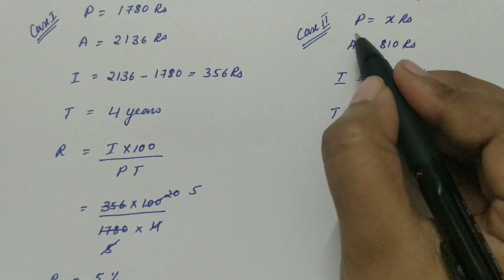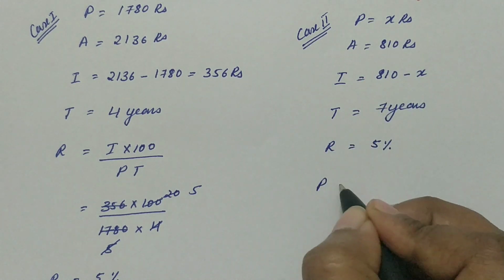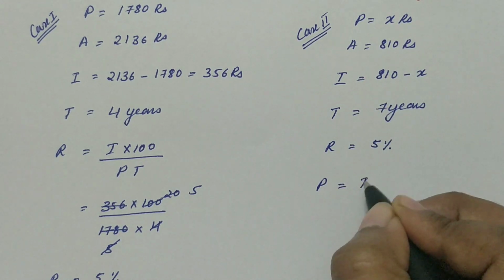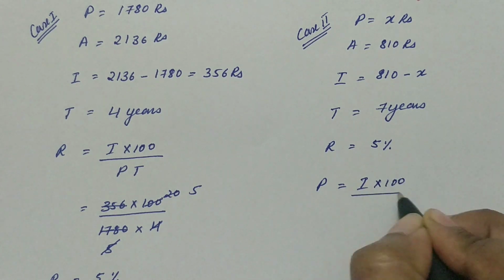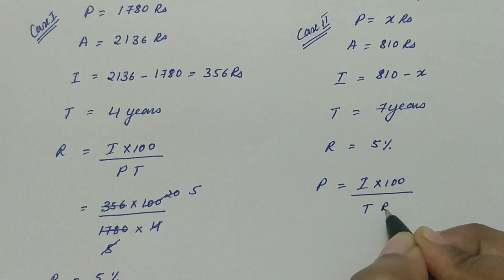And we have to find principal. P equals I into 100 divided by TR.